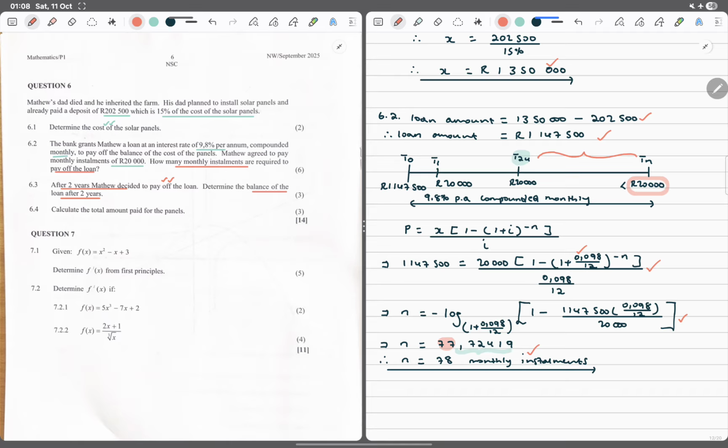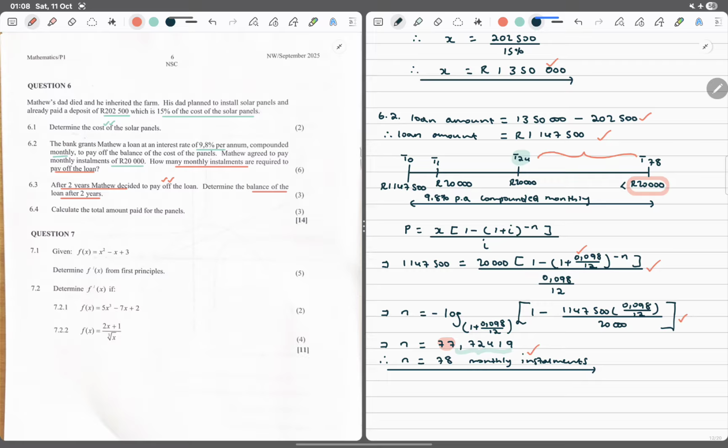So obviously, how many terms are these? We calculated 78. Now, if we don't count that payment, in fact, we need to count that payment, but of course, it's already been made. So how many payments remain? It's 78 minus 24.